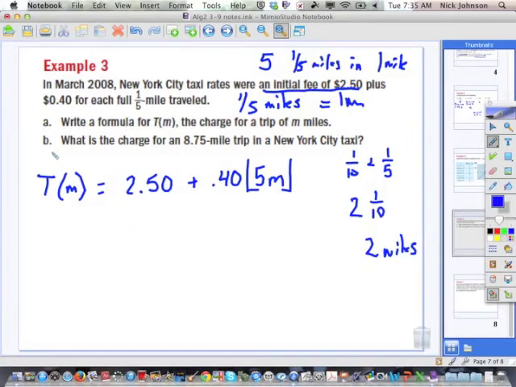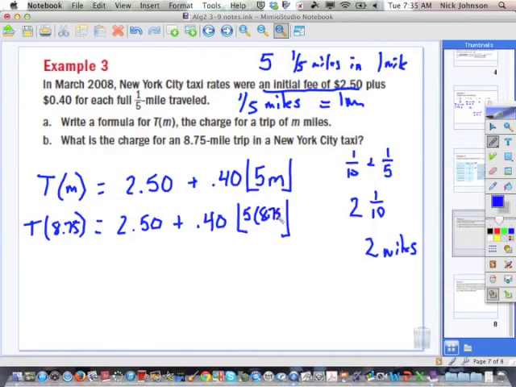Part B says, what is the charge for an 8.75 mile trip in a New York City taxi? Well, let's go ahead and do this. 2.50, and we want to find T of 8.75, so all we have to do is put 8.75 in for M, plus 0.40 times the integer of 5 times 8.75.